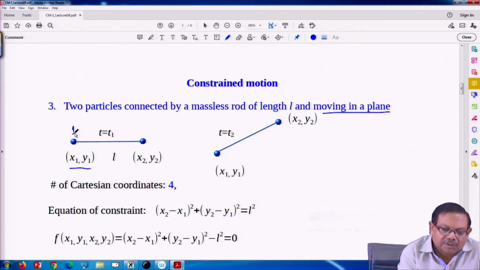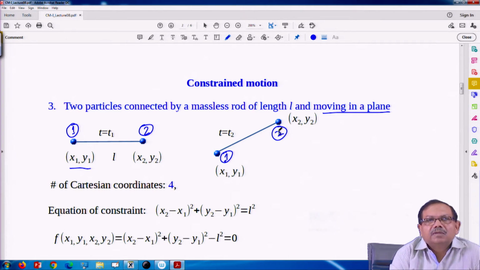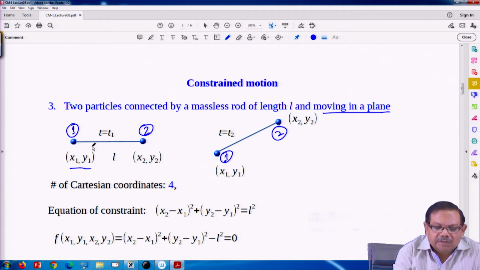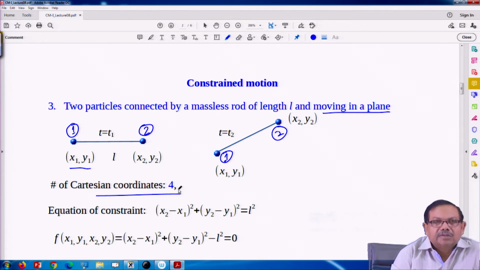So, this is 1, this is 2, they may have similar mass or they may have different masses. So, as time goes, the system of particles connected by a rod moves in the plane. So, its location is at time t1 here, at time t2 here. Okay. So, at any given moment of time, I require 4 coordinates in the Cartesian system.